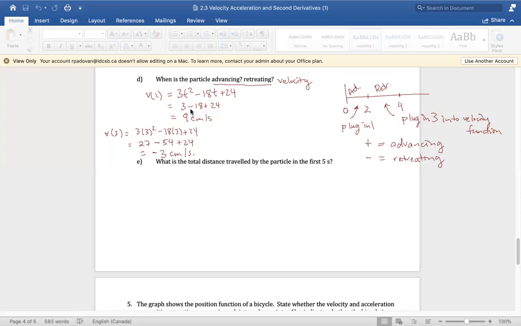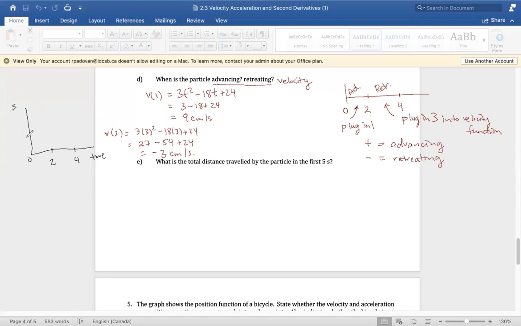If I was to graph this, we've got a time of 2 and a time of 4. I'm just doing a sketch. At a time of 0, if we go up to B, the initial position, I was at 20 centimeters.